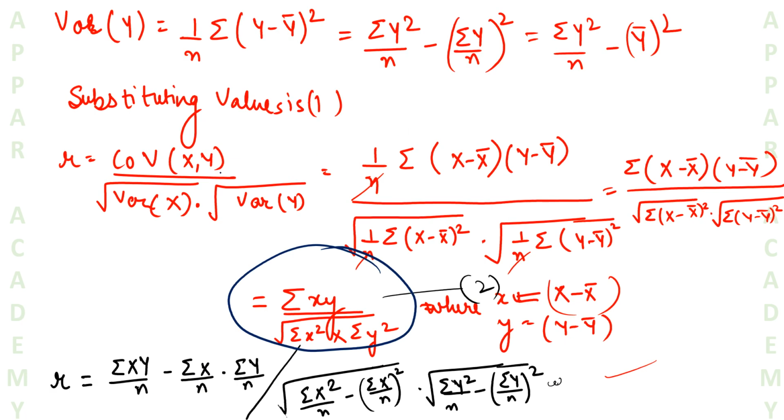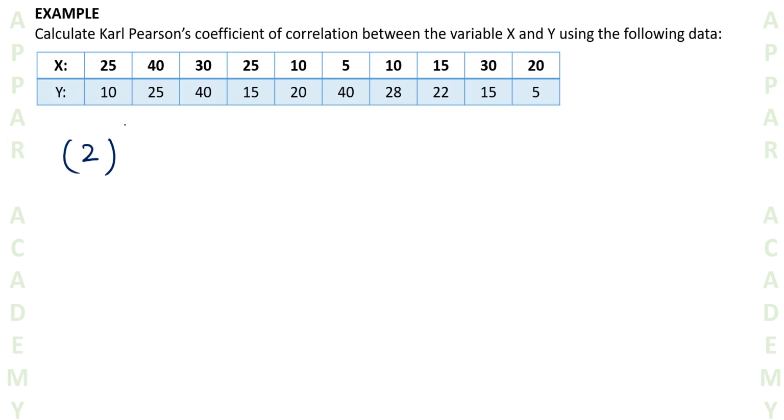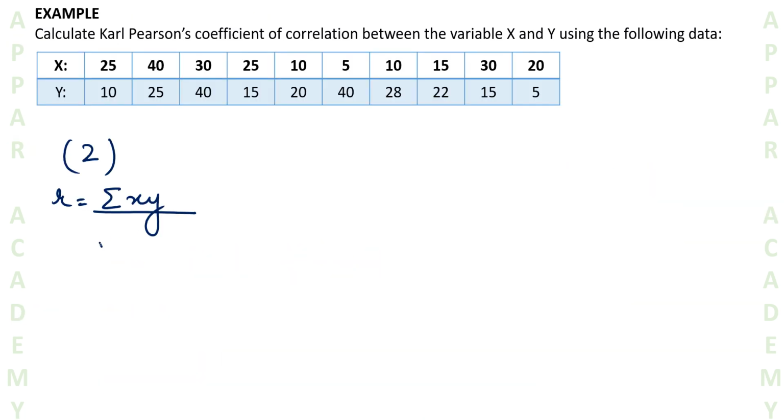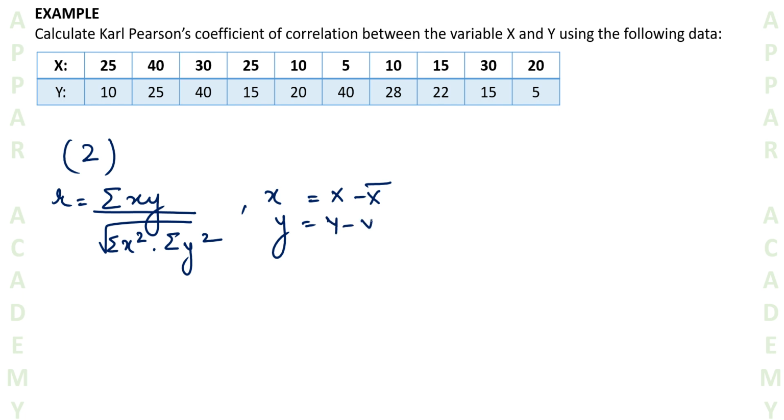This one. So r is equal to summation small xy upon square root of summation small x square into summation small y square, where small x is equal to x minus x bar and small y is equal to y minus y bar.